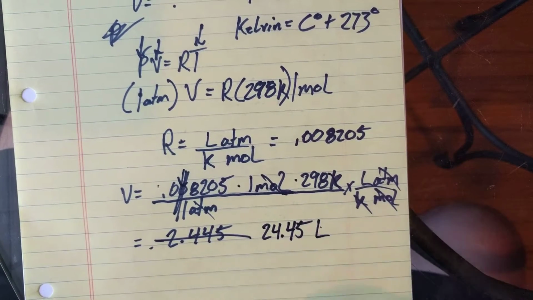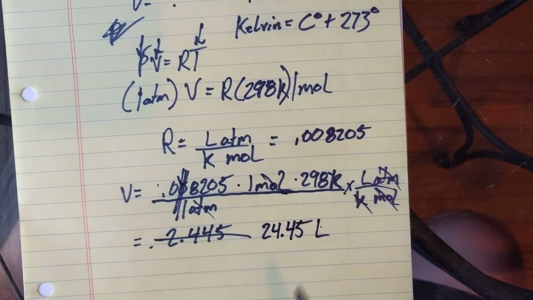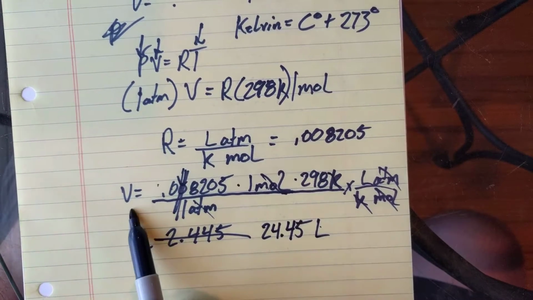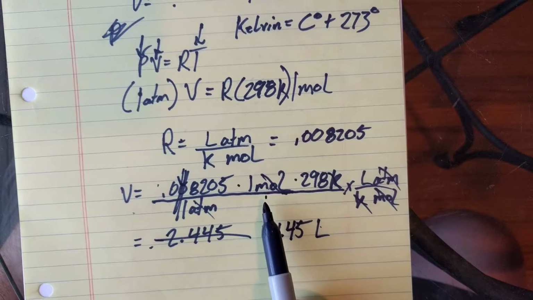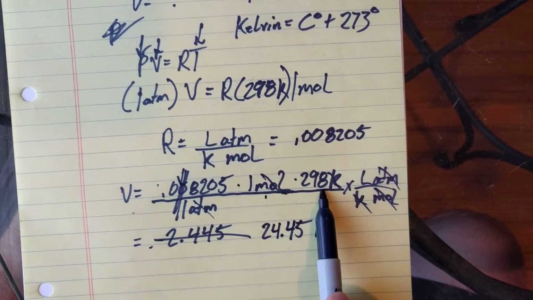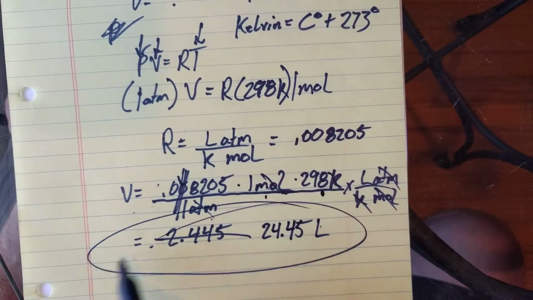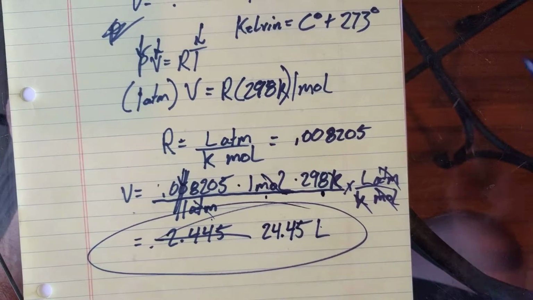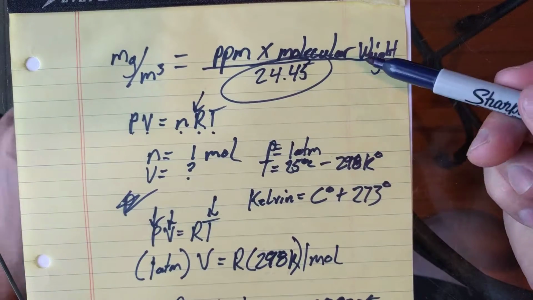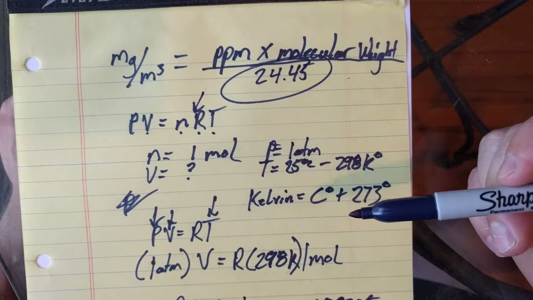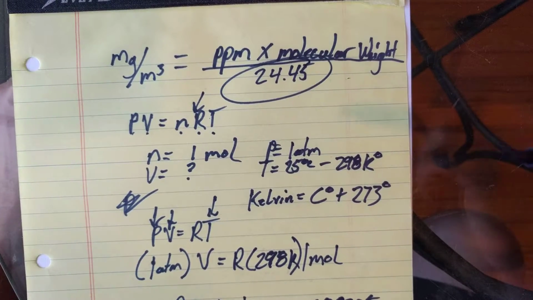24.45 liters, right? And so that's how many liters of a gas you would have if you had 1 mole of gas at ambient temperature and pressure, okay? But this doesn't have the correct units to work up here, like we said earlier. So what do we got to do?